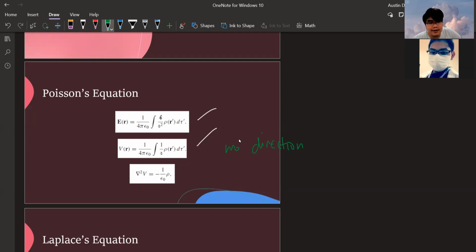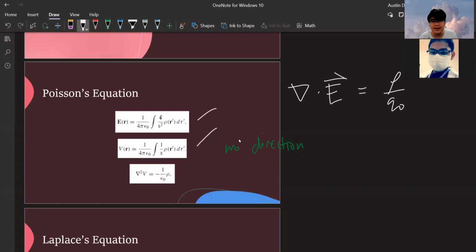And then in the differential form of Gauss's law, we took the divergence of the electric field. We have the del dotted with E, and we notice that this is just equal to rho over epsilon naught.